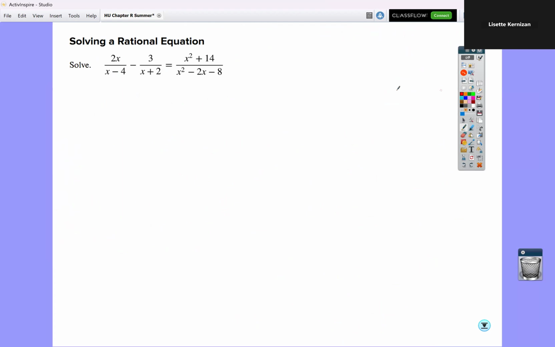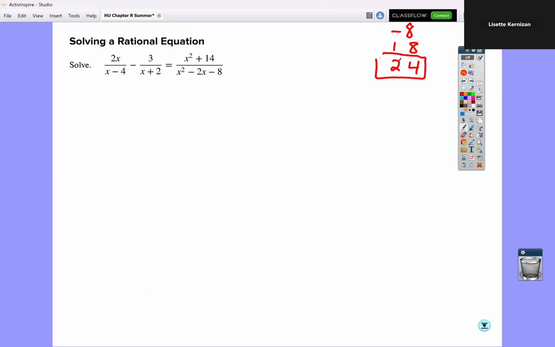Now we're moving on to solving rational equations. We kind of did this before, but this is different because you have to do a little bit more factoring. So I have 2x over x minus 4, minus 3x over x plus 2, and something happening over here. I'm first going to find factors of negative 8 that add up to negative 2: 1 and 8, 2 and 4.